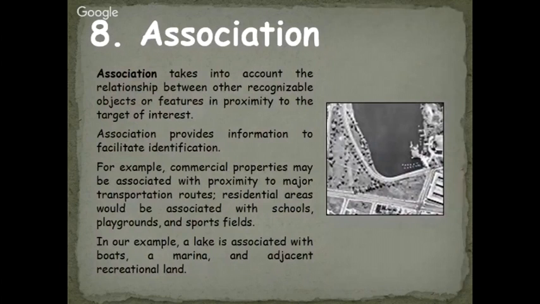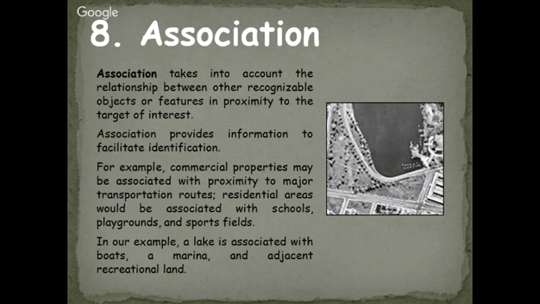Then association takes into account the relationship between other recognizable objects or features in proximity to the target area of interest. For example, a school is always associated with a playground.